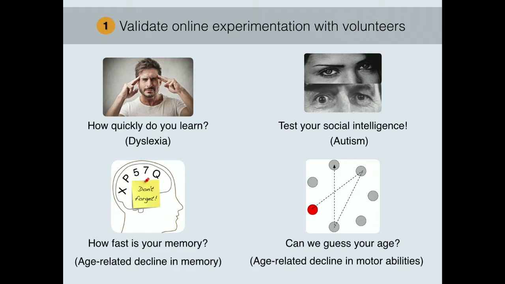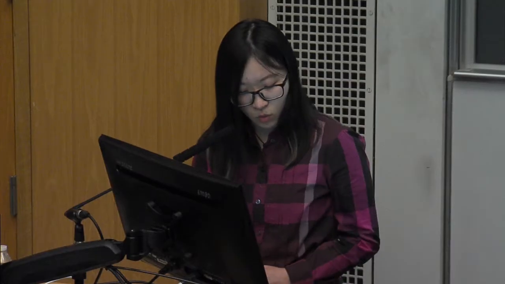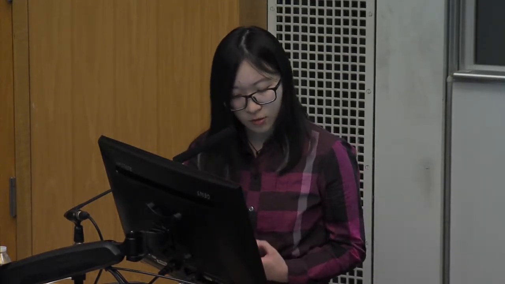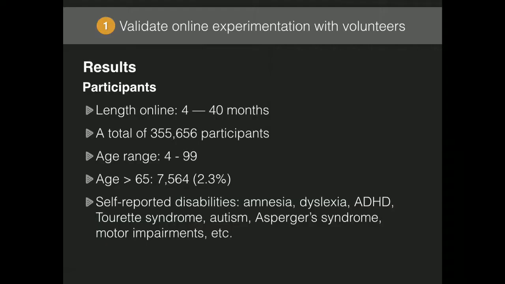So our goal was to replicate previous work that has been proven to be impacted by certain disabilities, including dyslexia, autism, age-related decline in memory, and in motor abilities. Over 4 to 14 months, a total of more than 350,000 participants took part in the 4 studies, and they range in age from 4 to 99 years old, and more than 7,500 of them are over 65 years old.